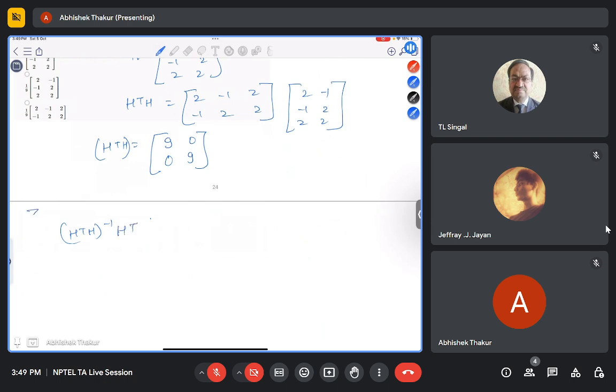So this is the ZF receiver. The channel is modeled like this. So here HTH is 1 by 9, 9 0 0 9, into 2 minus 1 2 minus 1 2 2.